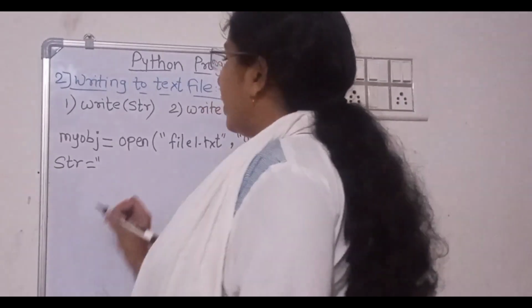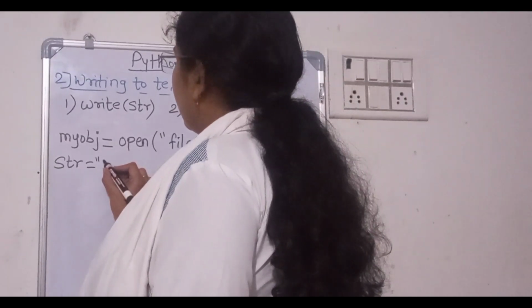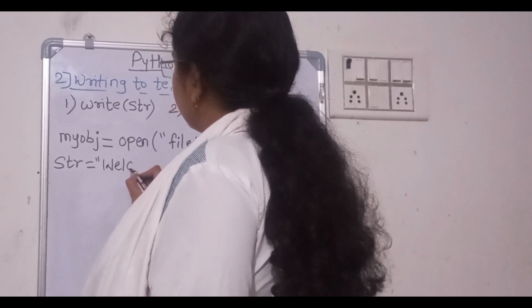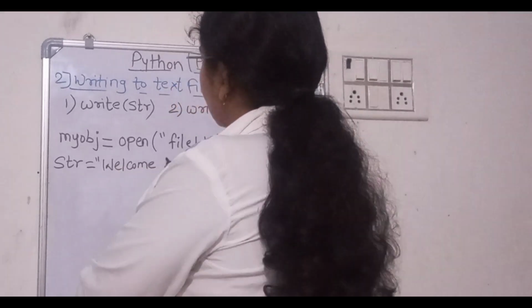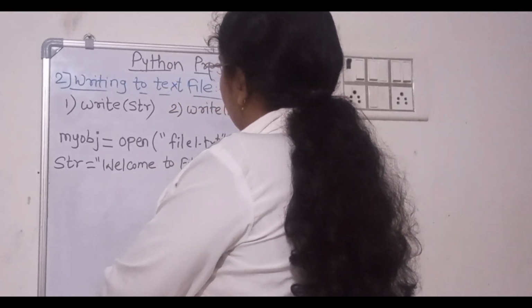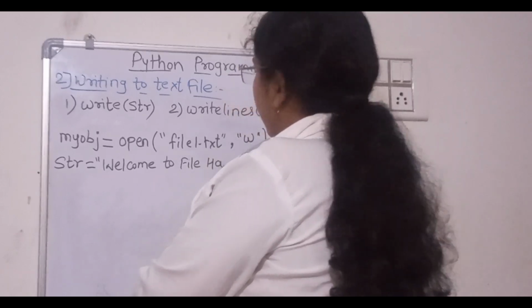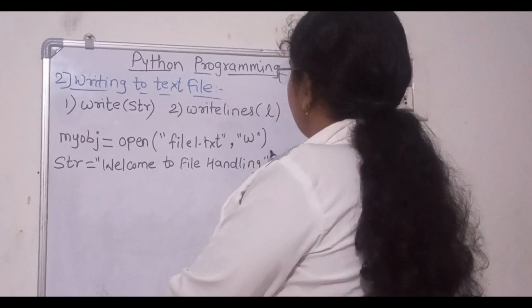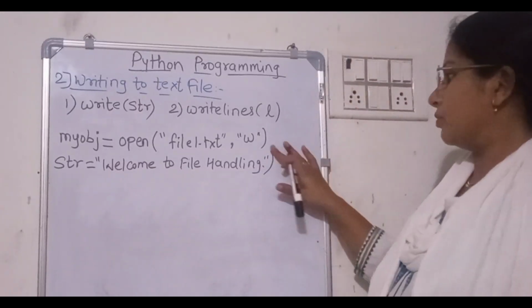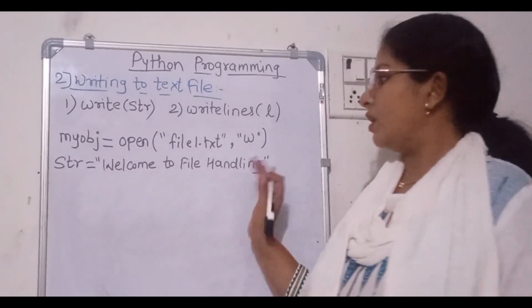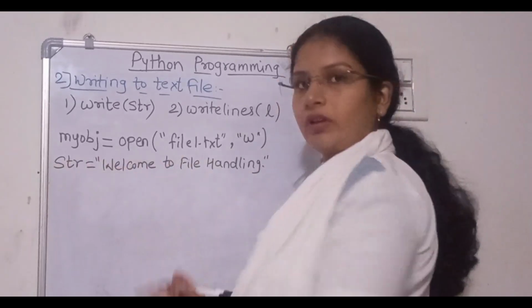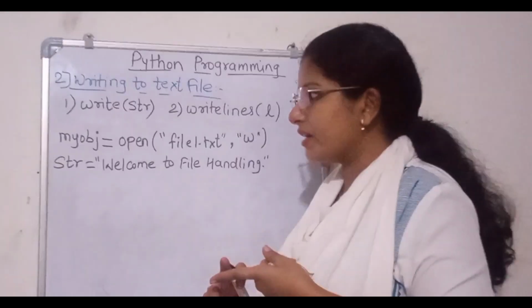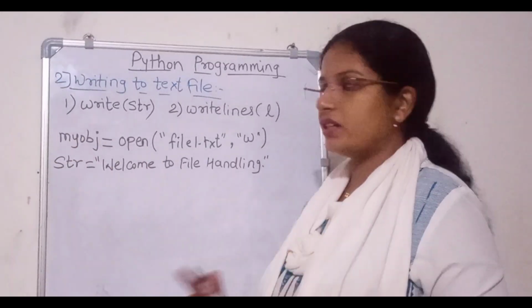Now my string is: welcome to file handling. This one line is my text string. This line is stored in your str. Now your data is ready, your object is ready.